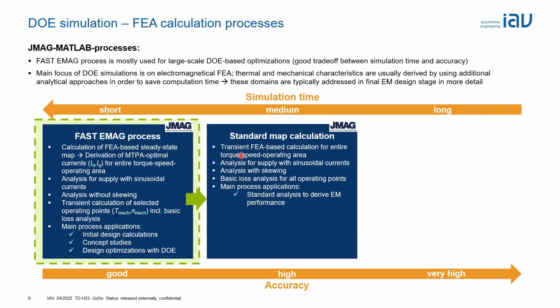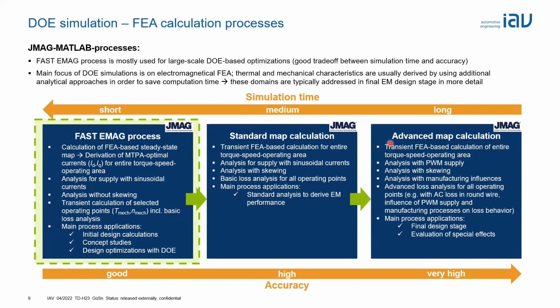Then we also have the standard map calculation process we usually apply for selected designs after the optimization. Here we do transient FEA-based calculations for the entire torque speed operating area, including rotor skewing, and we have a loss analysis for all the operating points. And of course, it's also possible to apply more advanced map calculations.